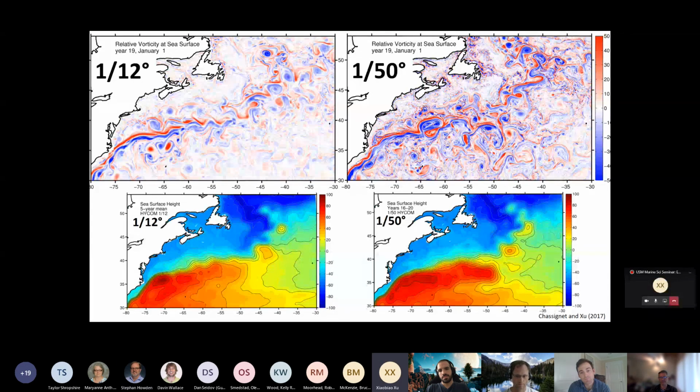So we do want to run this configuration at a higher resolution, but it's just very computationally expensive.